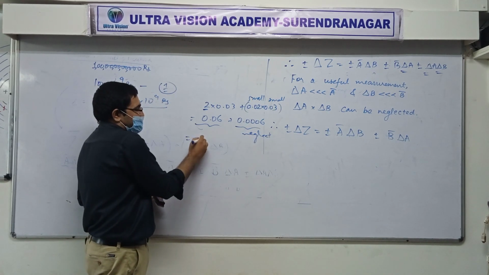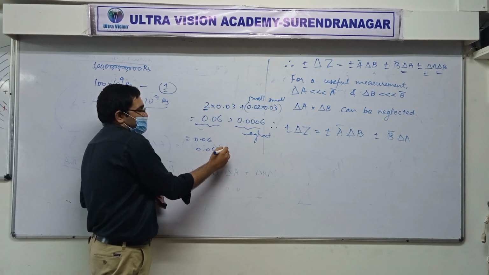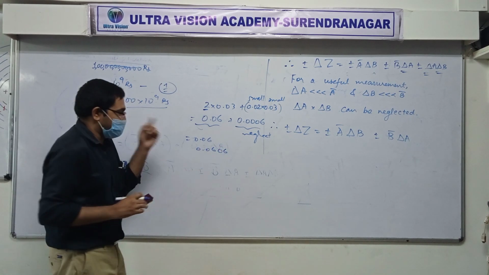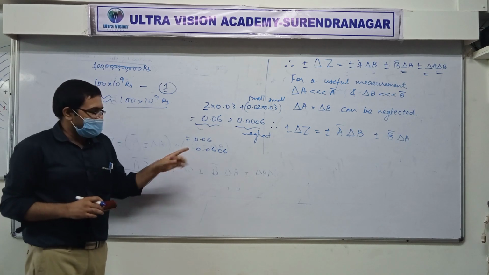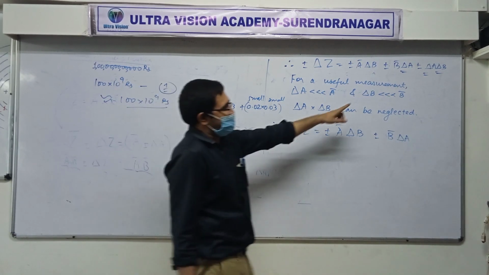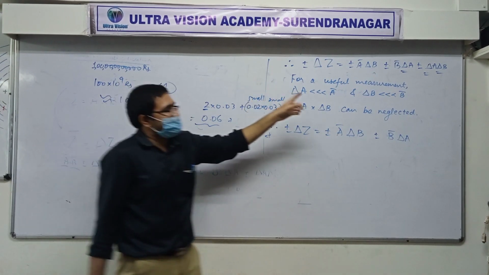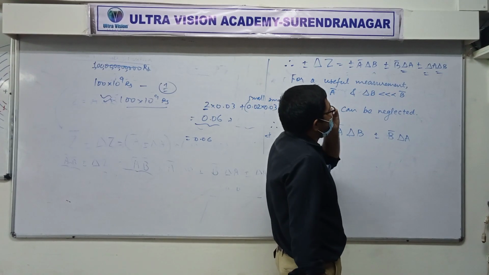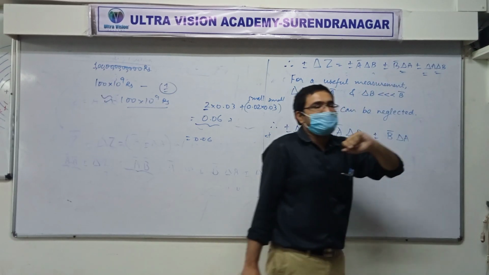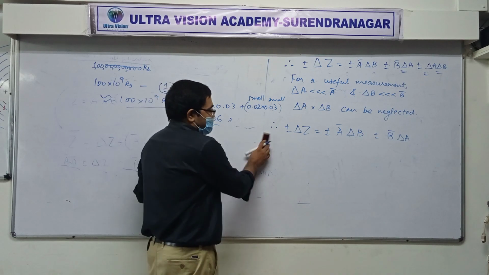Whether you write 0.06 or 0.0606, there isn't much of a difference between them. So if we neglect this, it's still okay. This is very small, but not the other two. Why not the other two? Because A bar is big and B bar is also big. Clear?